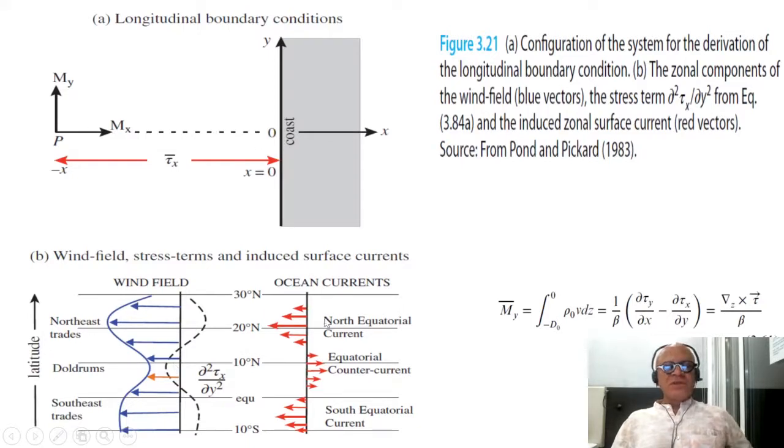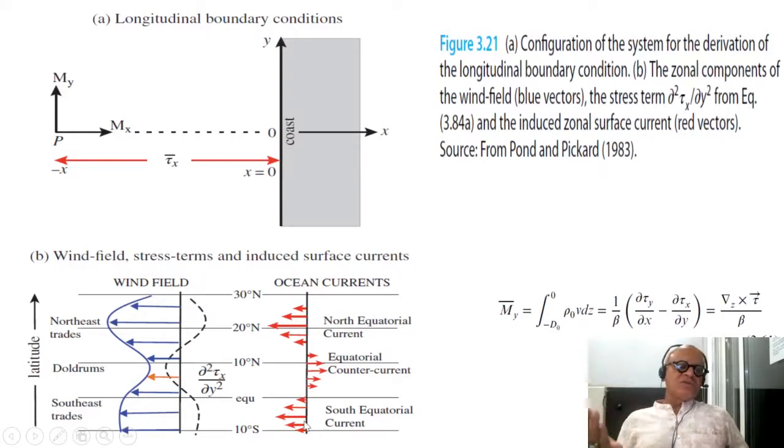So here is the wind field. You have doldrums, northeasterly trades and southeasterly trades, and then you get the d squared tau x dy squared term given this way, and the ocean currents that result from integrating that equation for Mx give us the north equatorial current, equatorial countercurrent, and the south equatorial current.